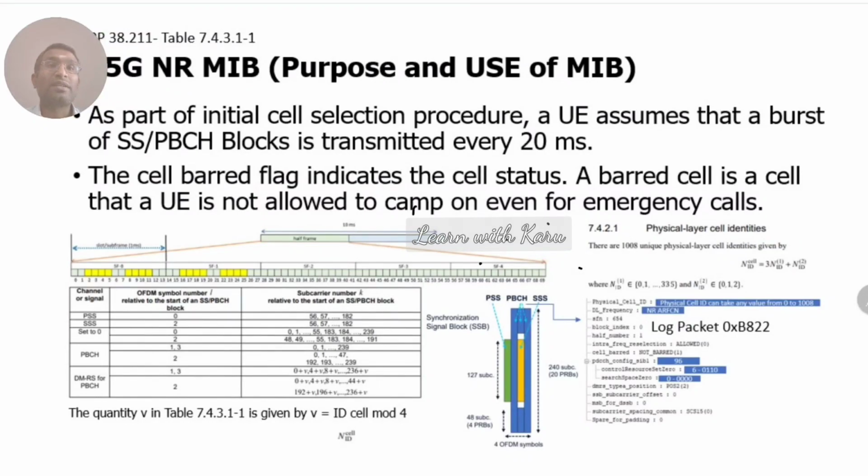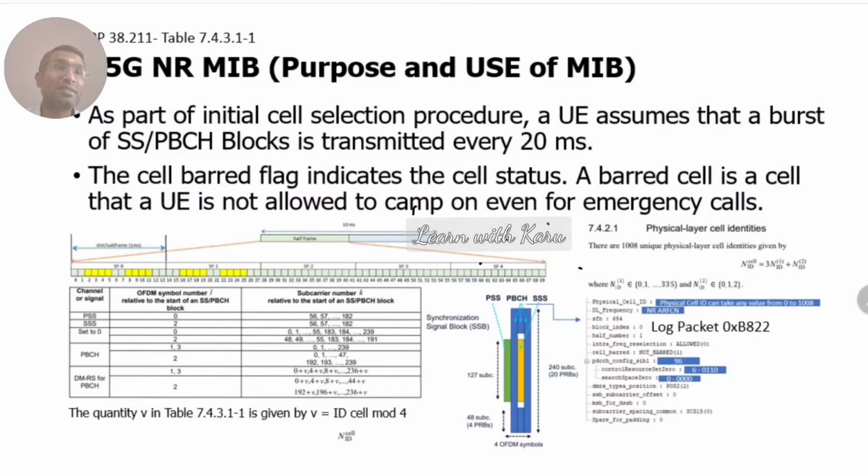How do we acquire the minimum system information? Here you can see a radio frame, which is 10 milliseconds, and the half frame is the first 5 milliseconds.